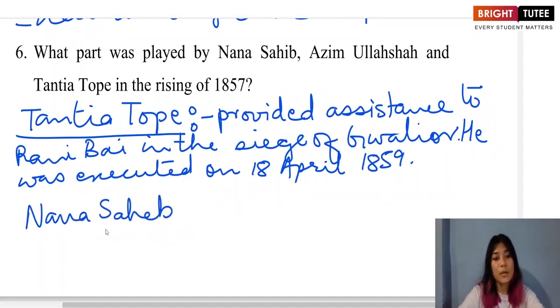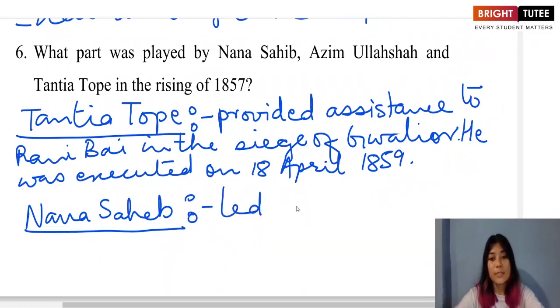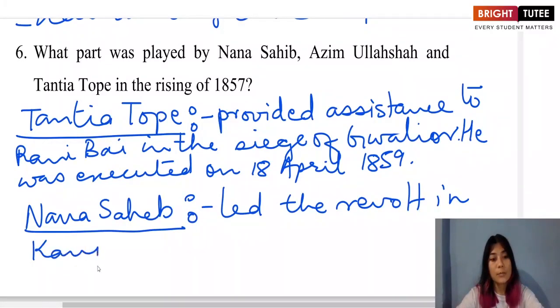Nana Sahib, another important leader during the revolt. He led the revolt in Kanpur.